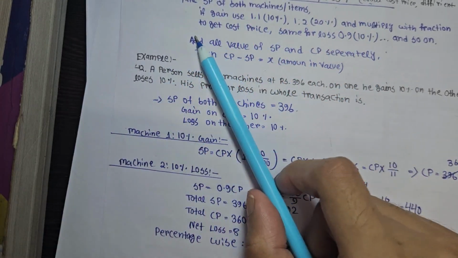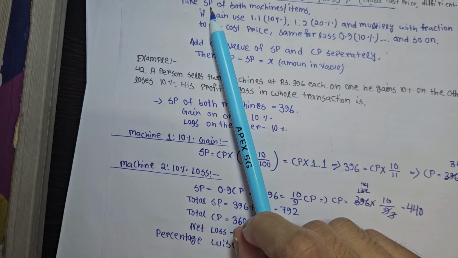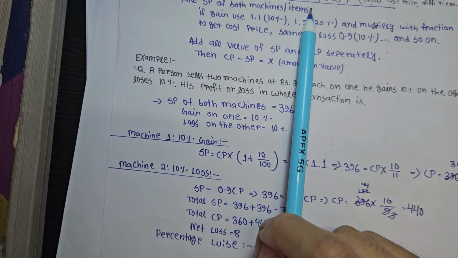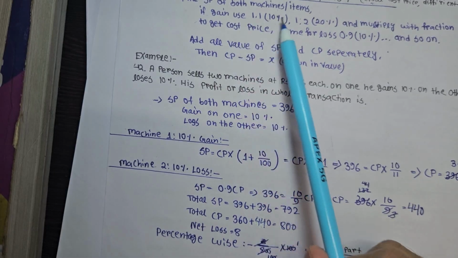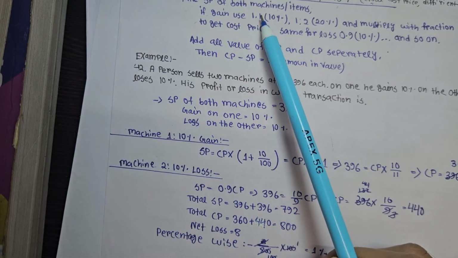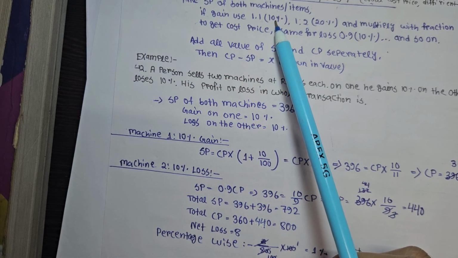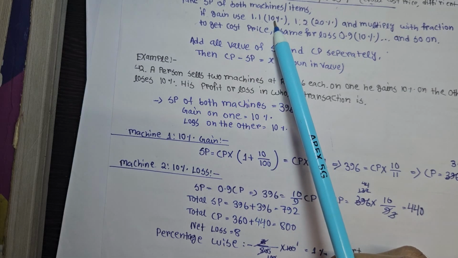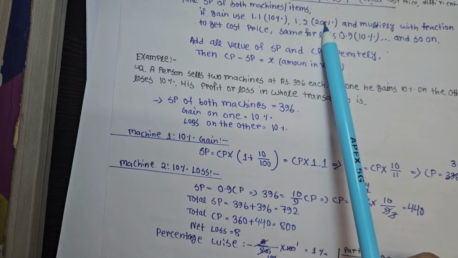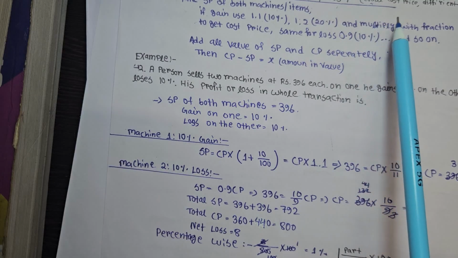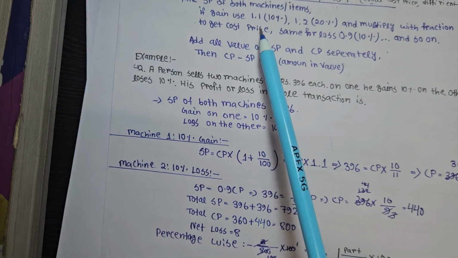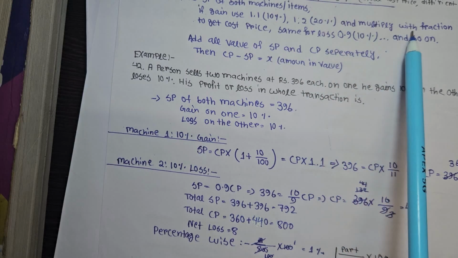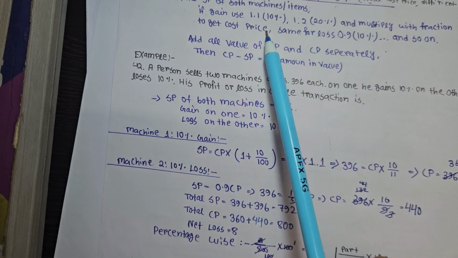So when these types of problems come, we will take the selling price of both machines or items, whatever there is, or articles. If the gain they say is 10%, we'll take 1.1. If they say 20%, we'll take 1.2 and multiply with a fraction to get the cost price.